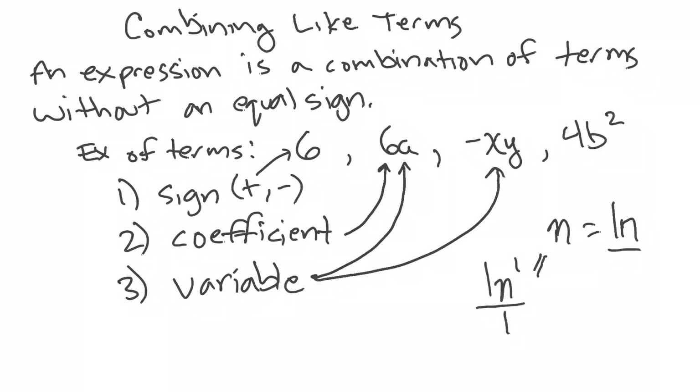Great, so now let's move on to what it means to combine like terms. Let's start off with something very simple. 1 plus 1: because they're just numbers by themselves, you can combine them. These are two terms coming together, and you get 2. Another way to think about it is in terms of variables.